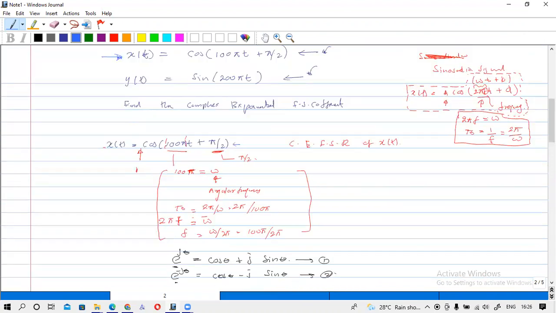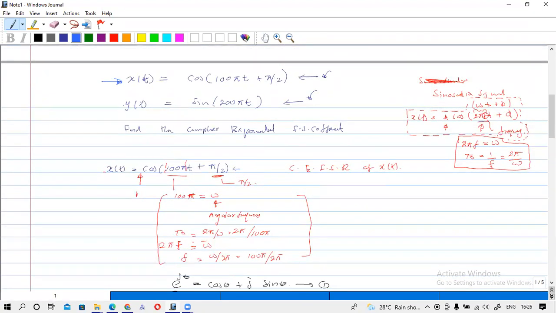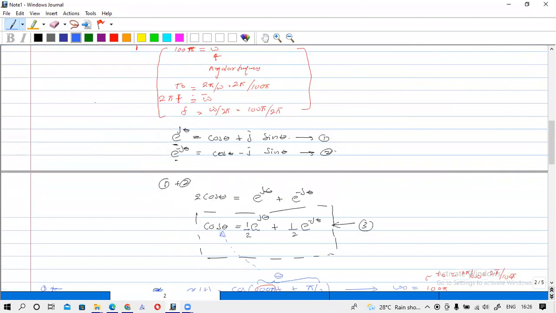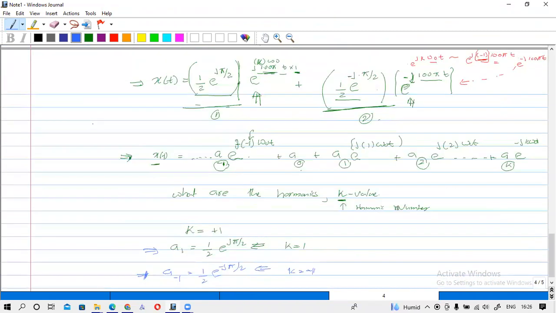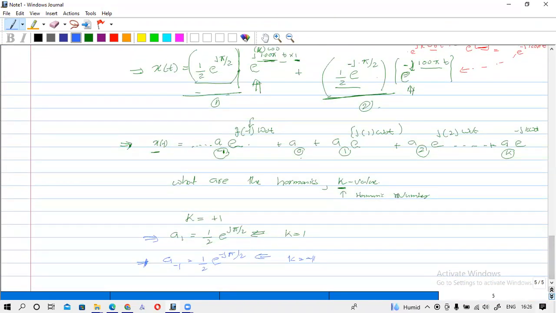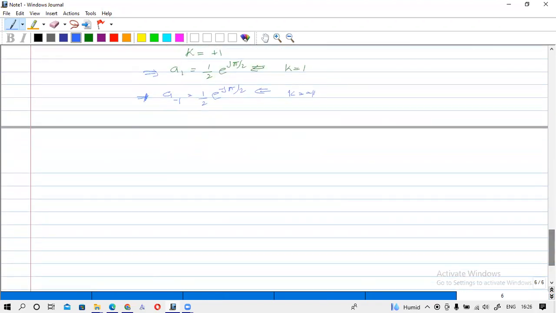So try to understand this from this one maybe. This is more simple. So we have another signal, that is y(t), equal to sine 205t. Correct?